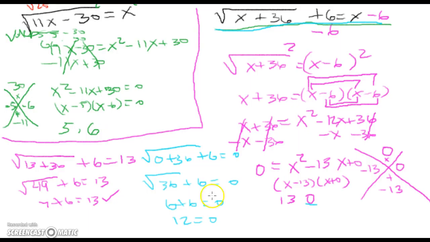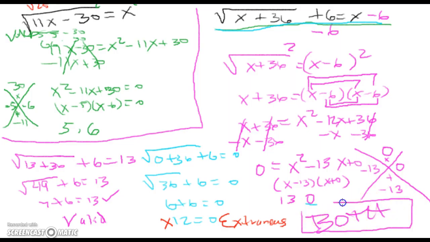That is obviously not true. So I have one solution that's extraneous, and I have a second solution, or my first solution, I guess, that was valid. So for this question, the answer will be both.